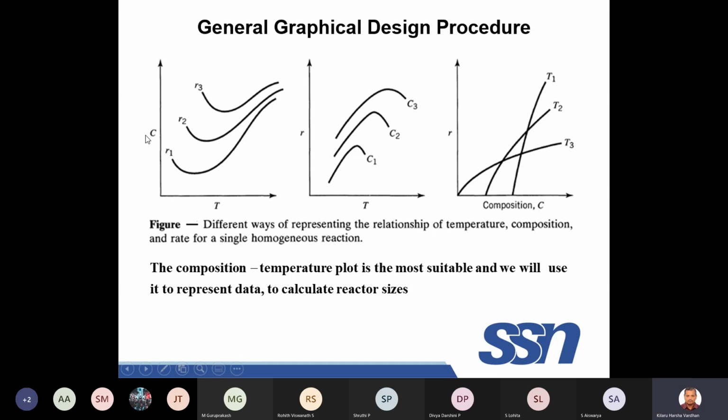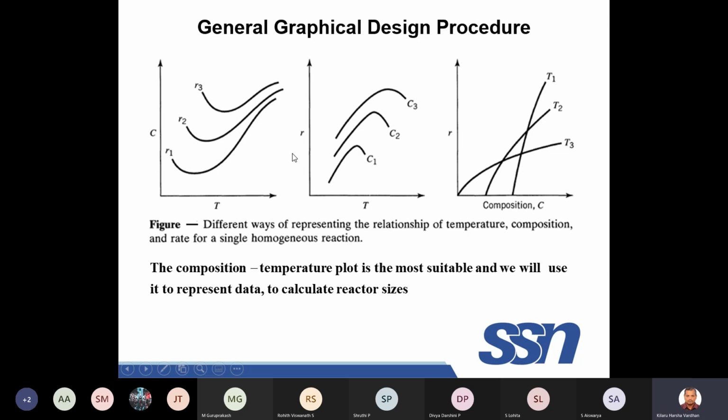So we draw C versus T with the same R1 or R2 or R3. As we go this side, concentration or temperature is increasing, and R also is increasing. We can put it the other way around.